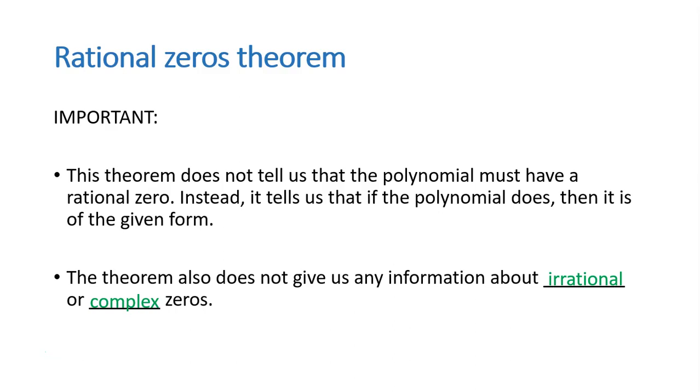Now, the good news is typically, if we're going to have zeros that are irrational or complex, we're going to get those near the end of the problem. So we generate our rational zeros, we check them using synthetic division. Once we can simplify our problem a little bit, we can eventually typically use the quadratic formula, and the quadratic formula is going to give us any irrational or complex zeros that our function has.